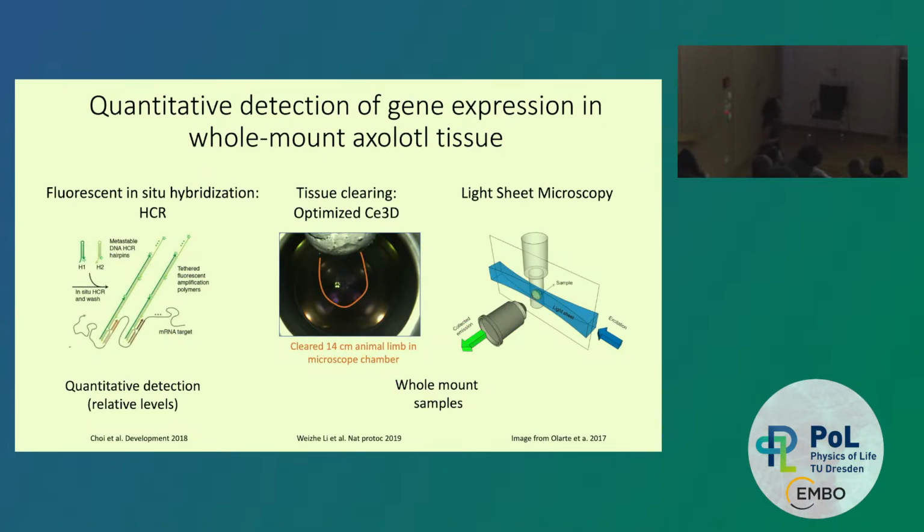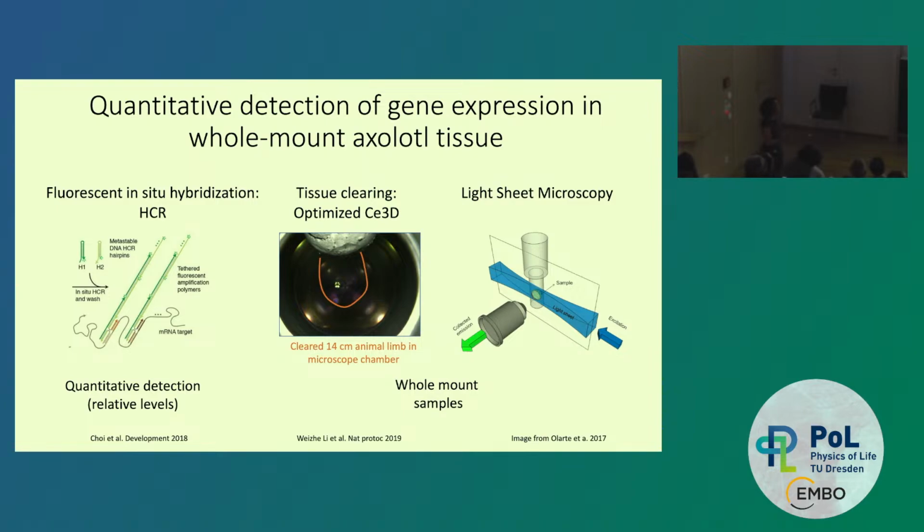So is the range of Patched signaling scaling with animal size? And so he's done this by using fluorescent HCR, hybridization chain reaction in situ hybridization, which is highly quantitative, and then he optimized the C3D clearing method, which really took a lot of time to find the right clearing method that would allow him to confidently quantify these signals in animals of very, very different sizes.